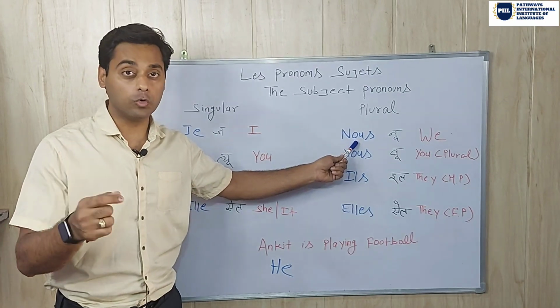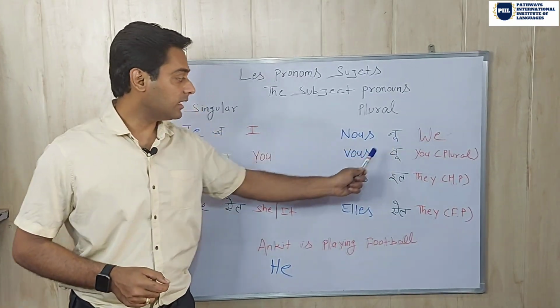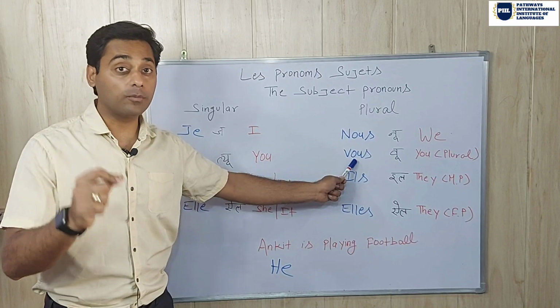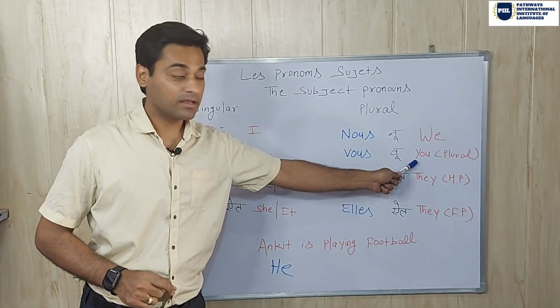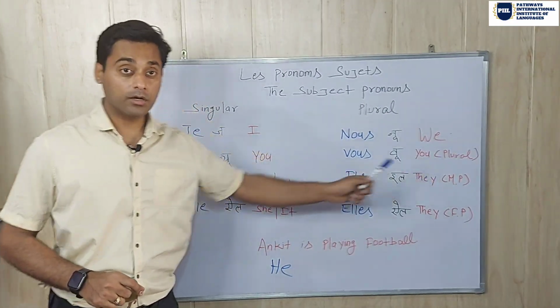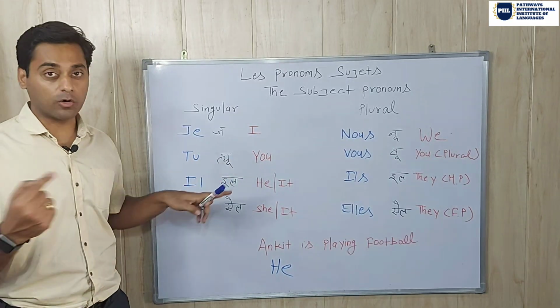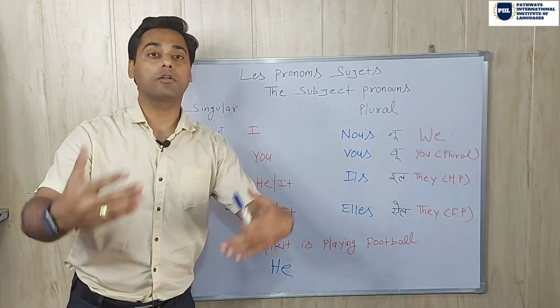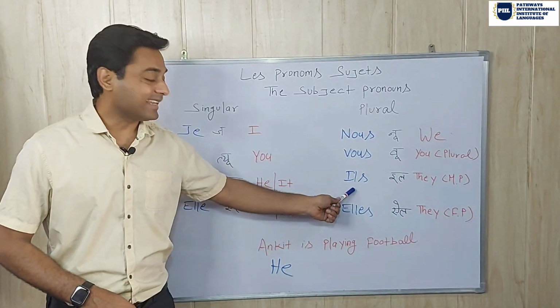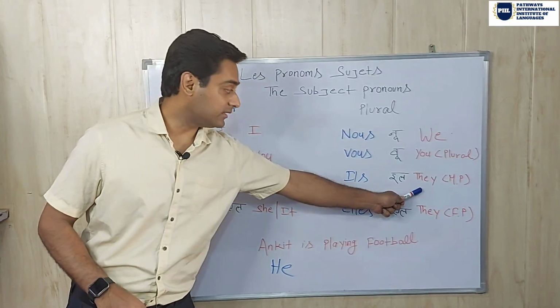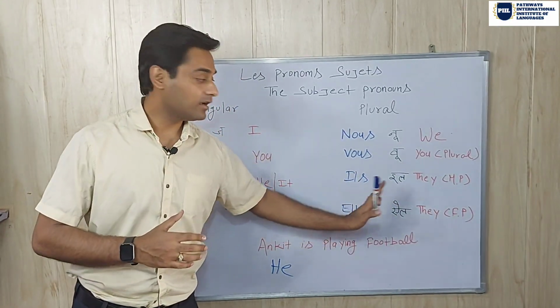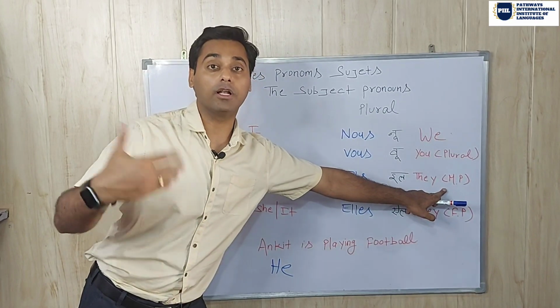Now let's learn the subject pronouns in plural. Nous means we. Then vous means also you, which we use for plural. Tu we use for singular and vous we use for plural. Then ils means they. We use ils for masculine plural nouns.